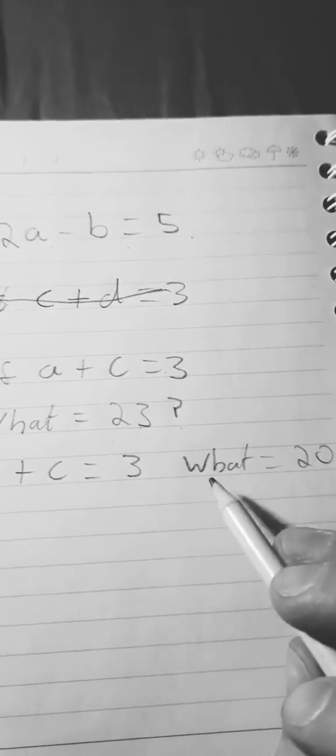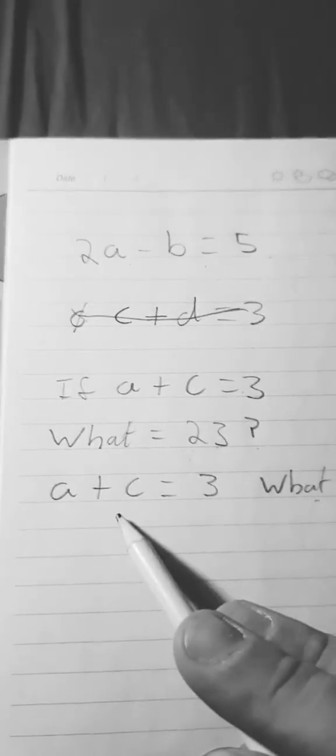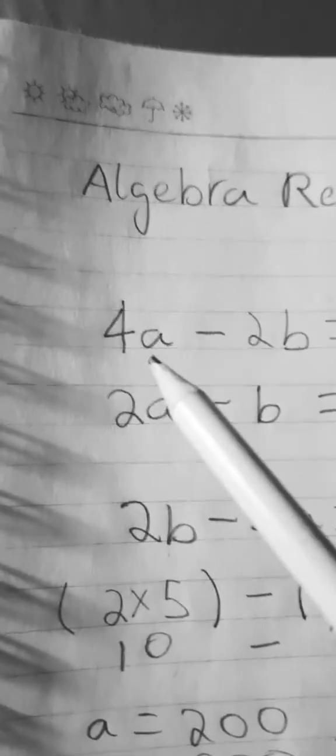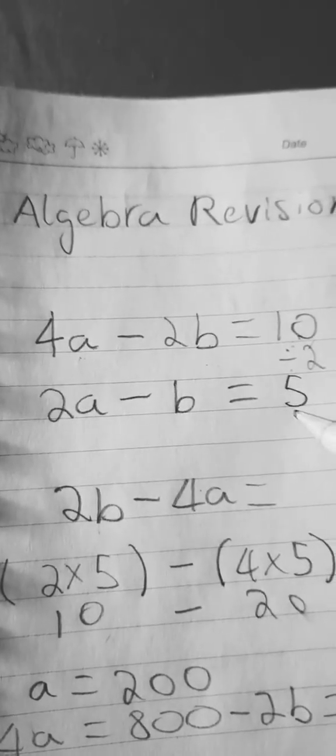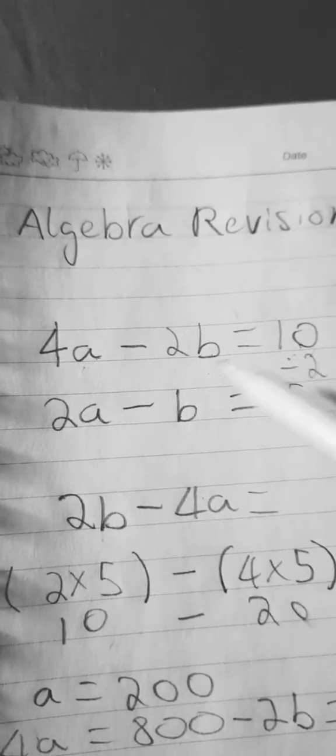Because when we add the what to the a and the c, we'll get our 23. Do you remember this over here? 4a minus 2b equals 10. Well, we just have to get to 20. Hang on a minute. Could we not just double this? Well, we halved it last time, so of course we can double it.